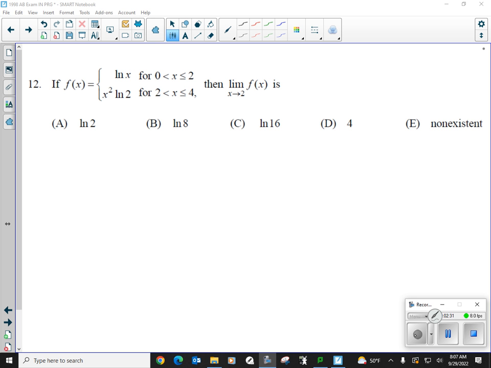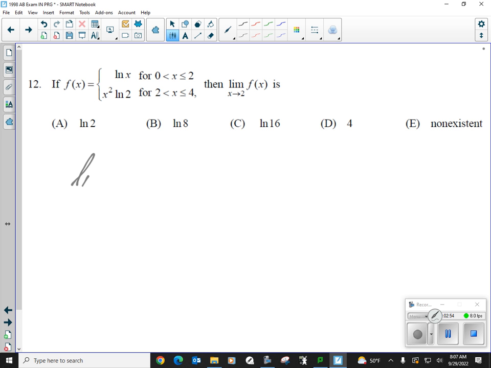12. If f of x is a piecewise function here, when x is between 0 and 2, you use the ln of x. For x between 2 and 4, you use x squared times the ln of 2. Then find the limit of f of x as x approaches 2. Very, very simple.